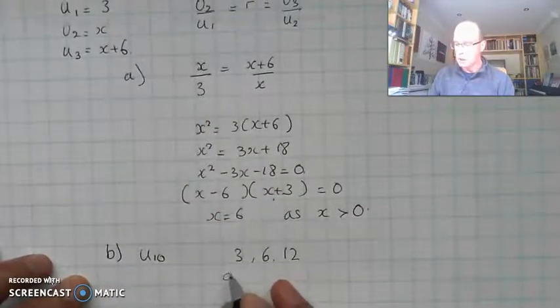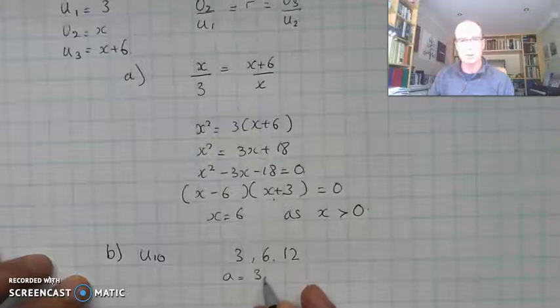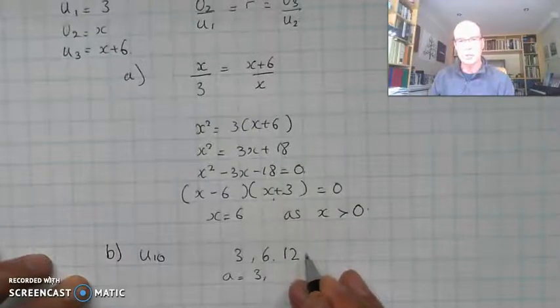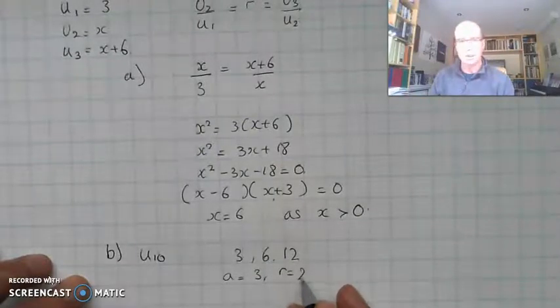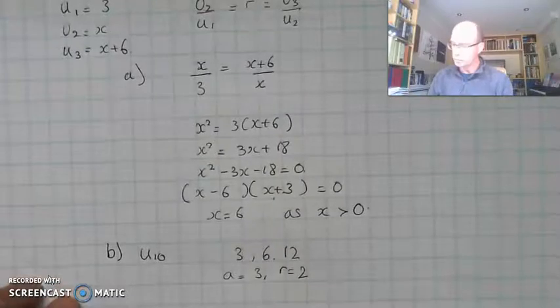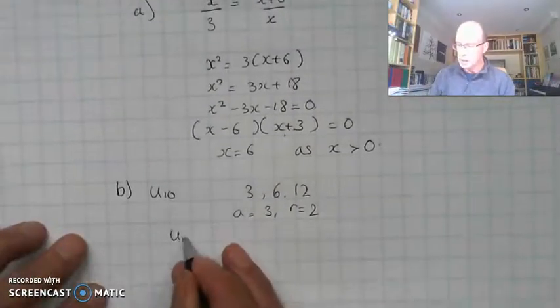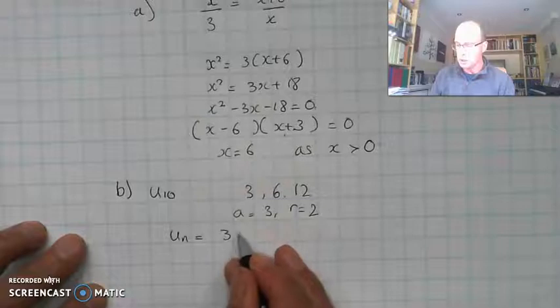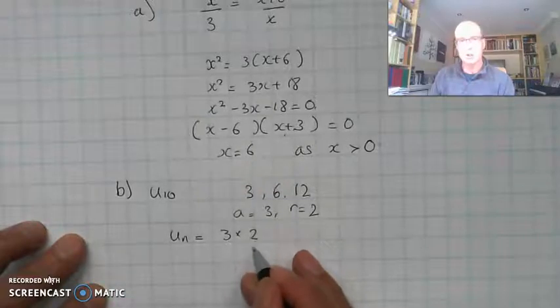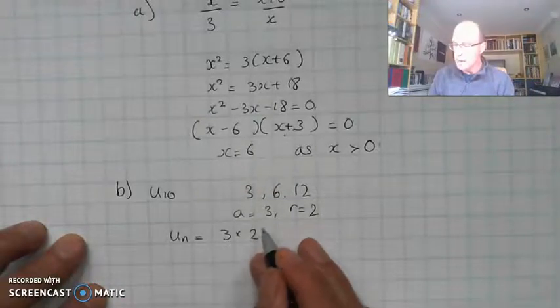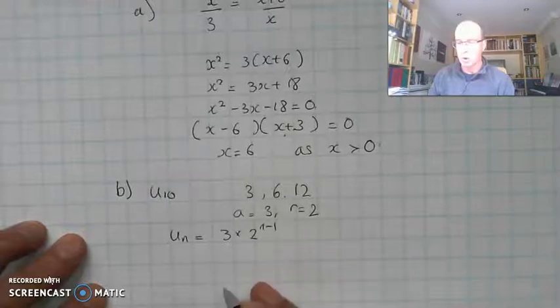So we've got a geometric sequence. The first term is 3, and we're doubling up each time, so my common ratio is equal to 2. So my nth term expression, un, is equal to a, which is 3, times my common ratio 2, to the power of n minus 1.